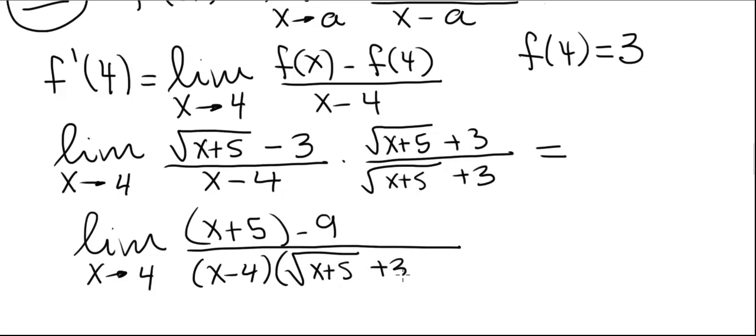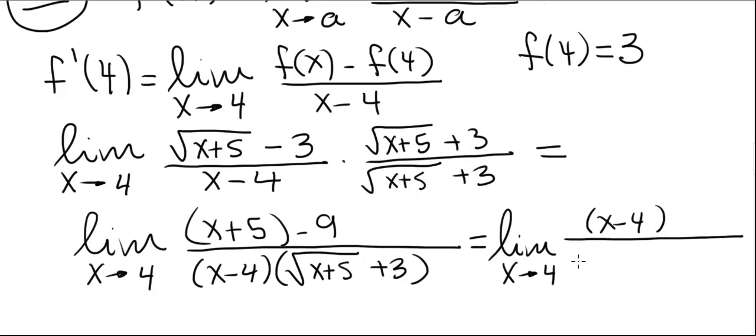The numerator becomes x plus 5 minus 9, and the denominator is x minus 4 times square root of x plus 5 plus 3. Now x plus 5 minus 9 is x minus 4, so this is the limit as x approaches 4, x minus 4 in the numerator divided by the same x minus 4 in the denominator times the square root of x plus 5 plus 3.